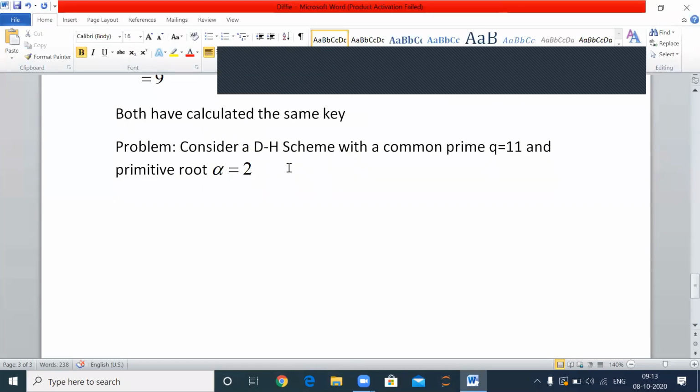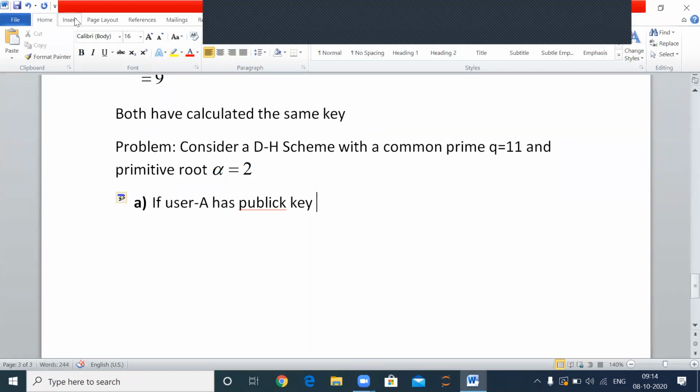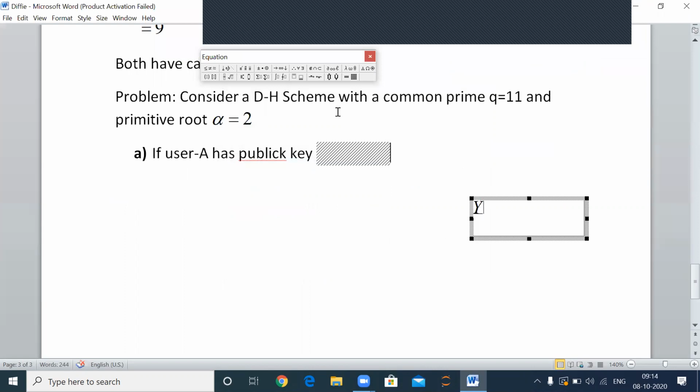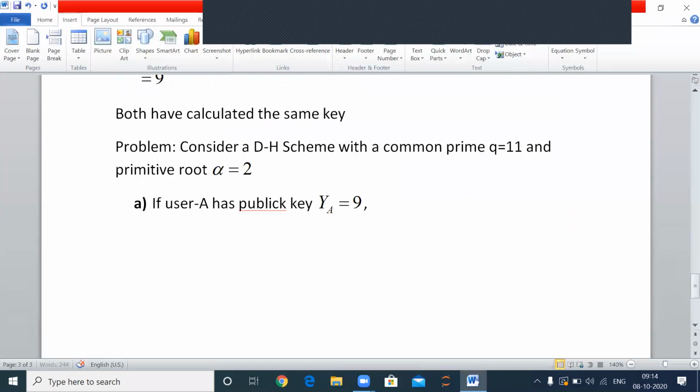Questions may be asked like this: if user A has public key YA equal to 9, what is A's private key?